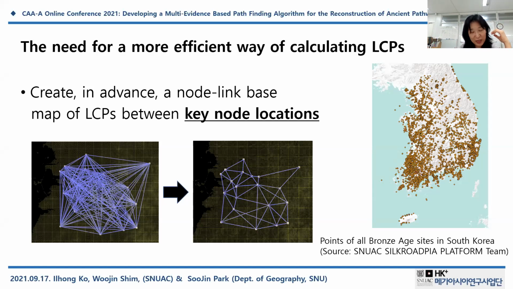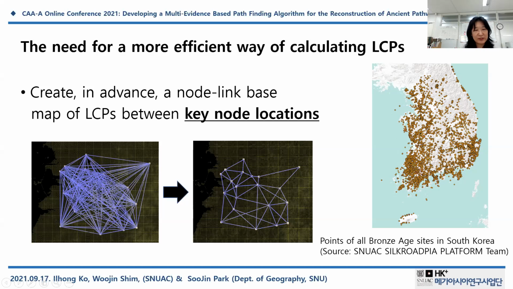But we soon came to realize that not only was this a horribly time-consuming endeavor, it was meaningless in some cases to draw direct links between 2 points, particularly if they were located far away, since pathways tend to be a chain of links between nodes rather than a single link. So at first, if you think of these as points, as sites, we wanted to connect all of them using the least cost path.